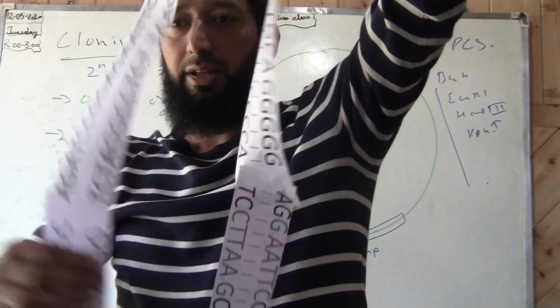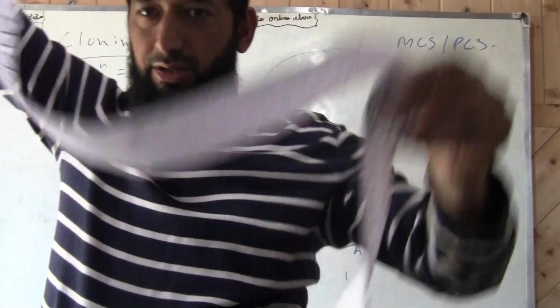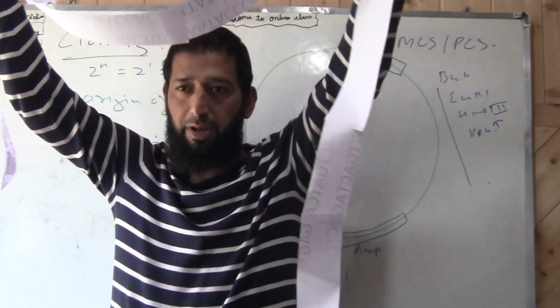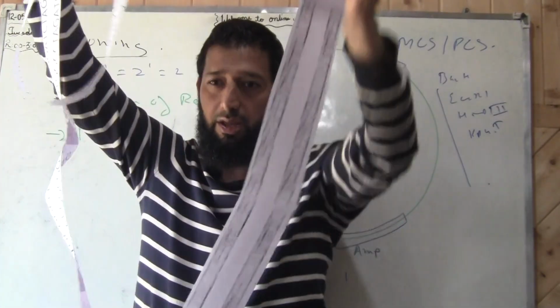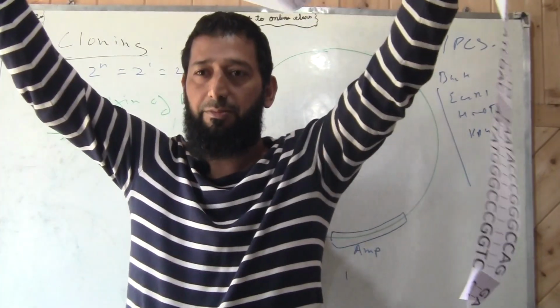Okay, this is a DNA sequence. This is a plasmid DNA. I hope it's visible. This is an open circular plasmid DNA.